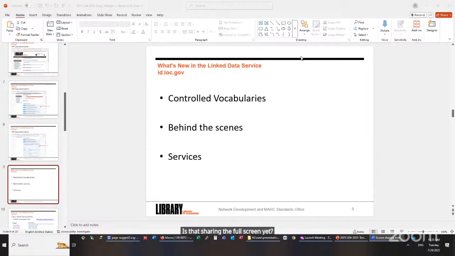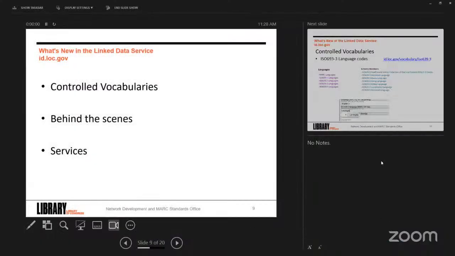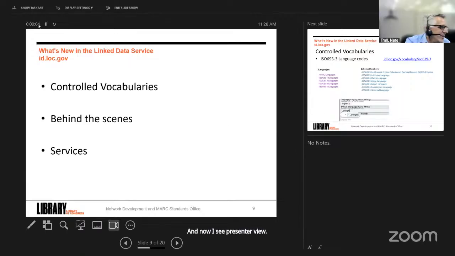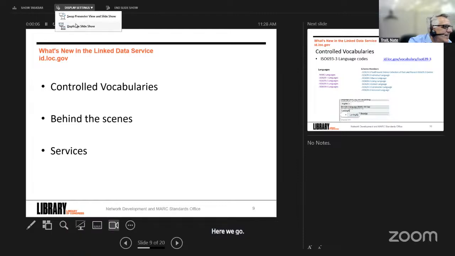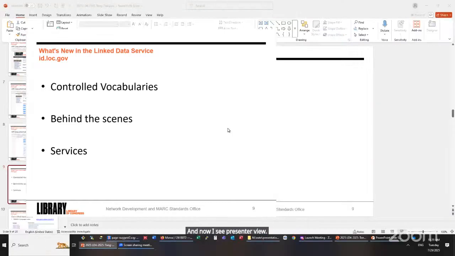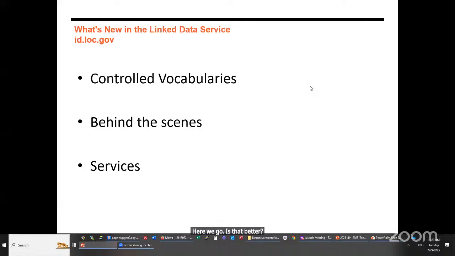It's showing the full, I can see the PowerPoint as well as your slides. And now I see presenter view. Here we go. Is that better? Perfect. Yes.